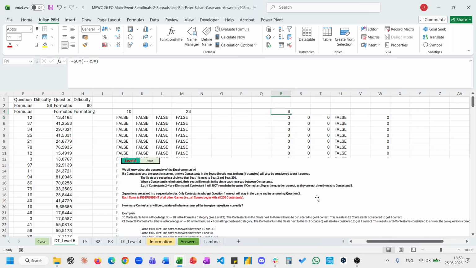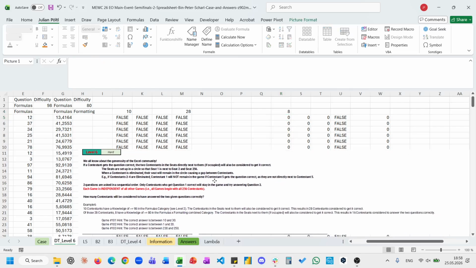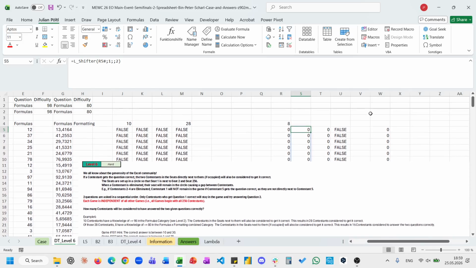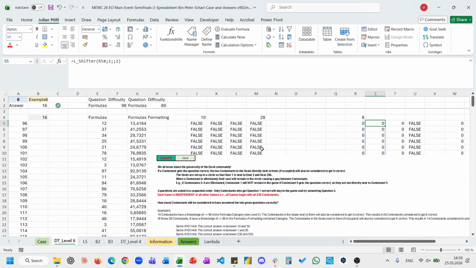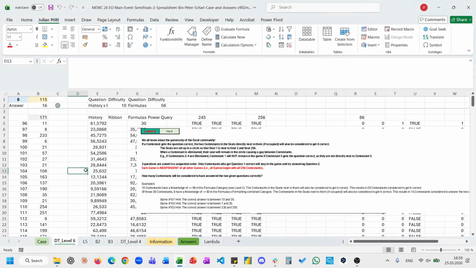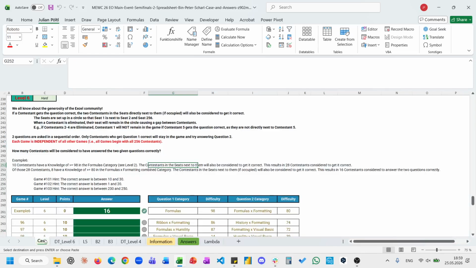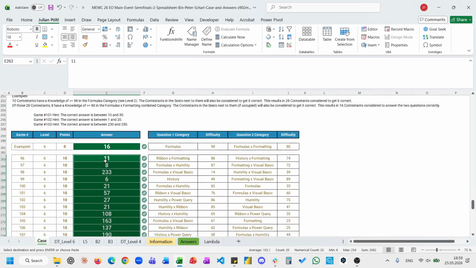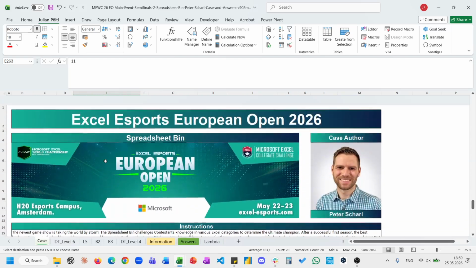Okay. Yeah, 8 have it correct. Yeah, that's right, because, yeah. And this is corrected then to 16. Okay, so done. Okay, I should have definitely done this in the live event.